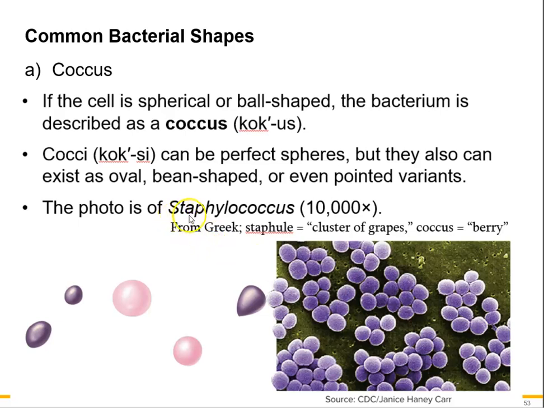I like to learn what the names mean as I go along. So staph is from the Greek staphyl, meaning cluster of grapes. And of course, coccus means berry. So this is so named because it resembles clusters or bunches of grapes under the microscope.